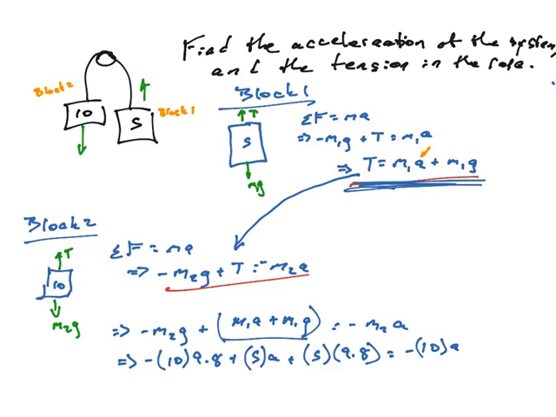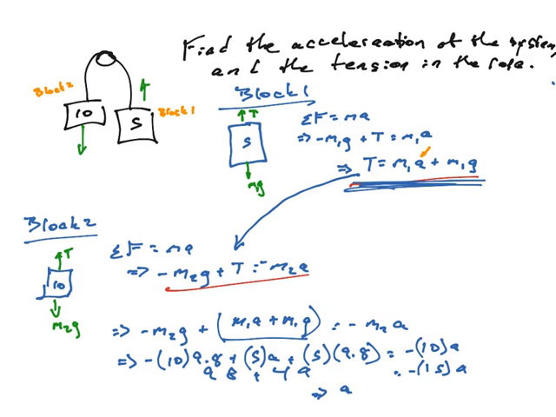Well, let's see. Let me bring 5a over to the other side. That'll make this right side negative 15 times a. But what is the left side? Minus 10 times 9.8, that's 98. 5 times 9.8, that's 49. So, what do I have?